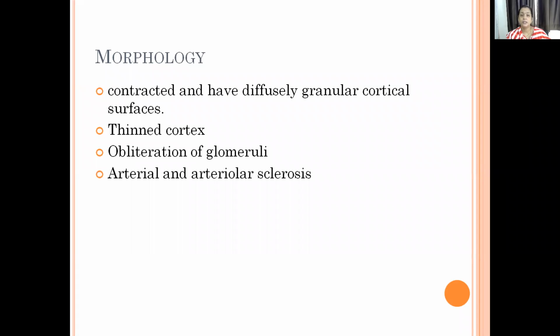So, what is the morphology? Contracted kidneys with diffusely granular cortical surfaces, thinned cortex, and obliteration of the glomeruli, usually because of the exudation of proteins. Whenever there is hyalinosis and exudation of proteins, they get accumulated in the renal parenchyma, thereby obliterating the glomeruli. These depositions also obliterate the glomerular capillaries.